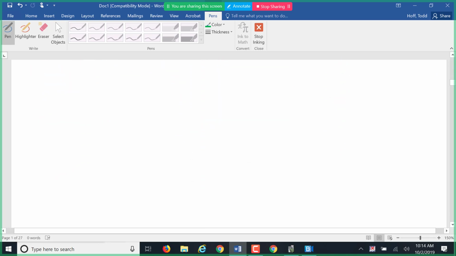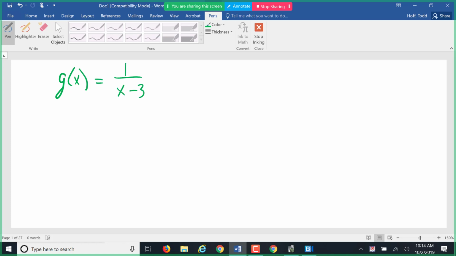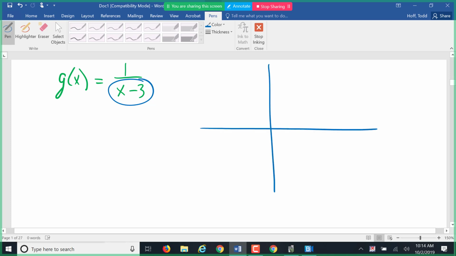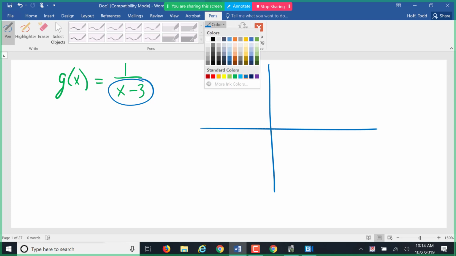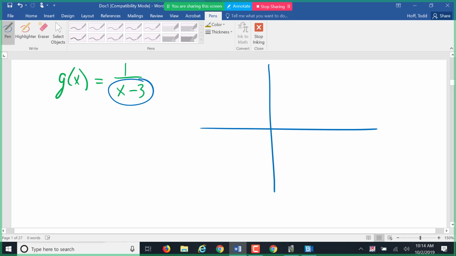Well, some things we can do with that graph. If you recall, if we added or subtracted to the x, it moves our graph along the x-axis. If we subtract, it moves us in the positive direction. If we added, it moves us in the negative direction.